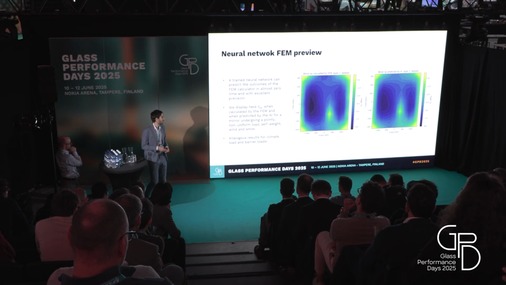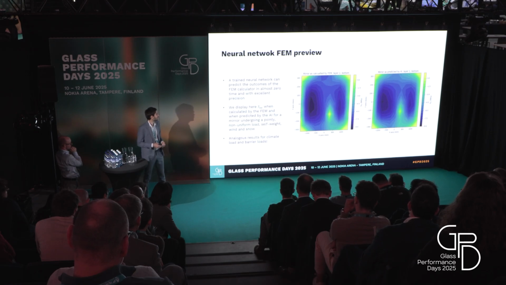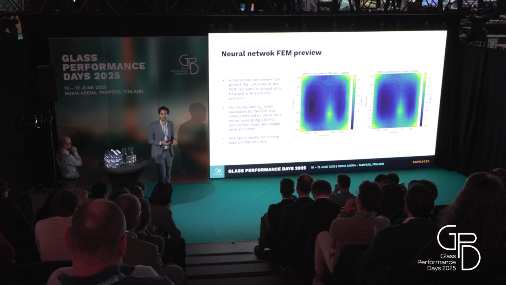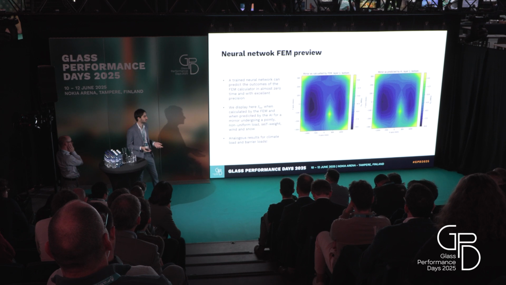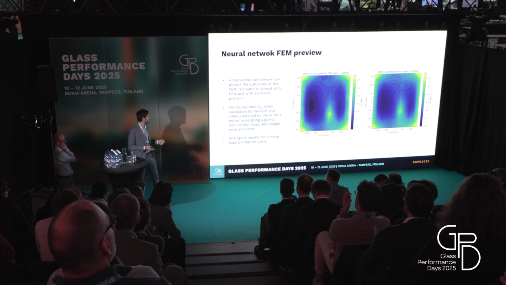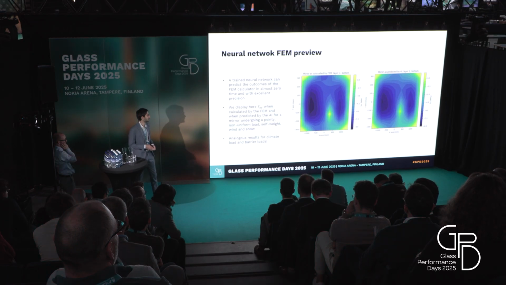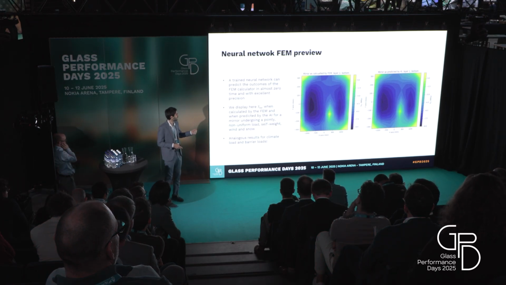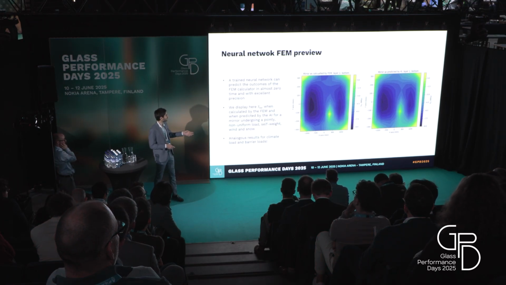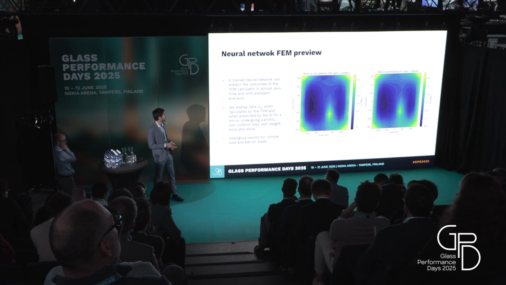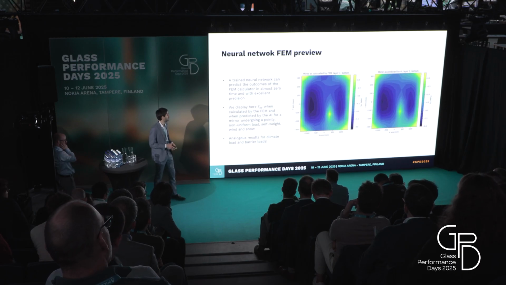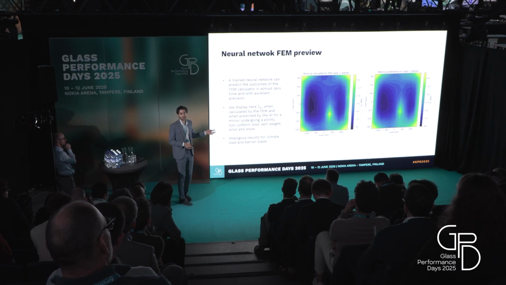So we use a neural network to make previews of the most common cases, for example, rectangular plate, point loads, etc. Here we see the ground truth on the left, the finite element solution for the principal stress, and the neural network prediction.